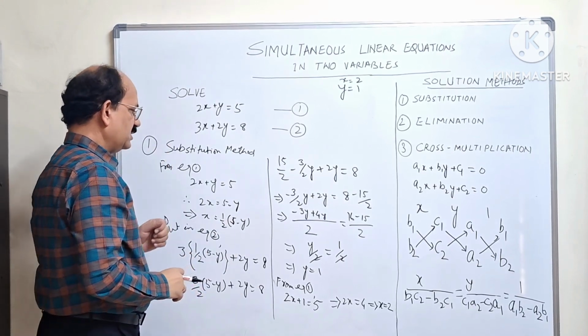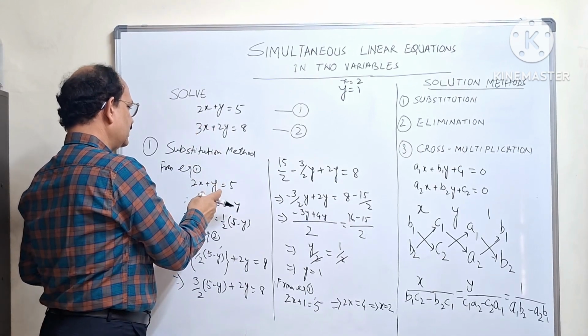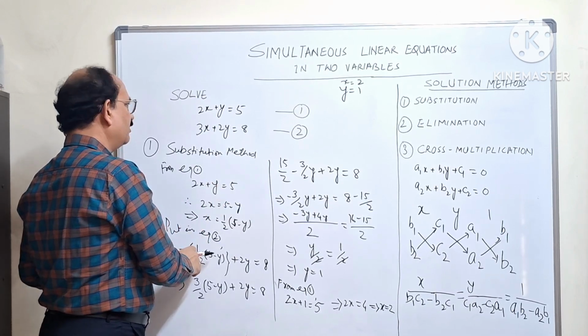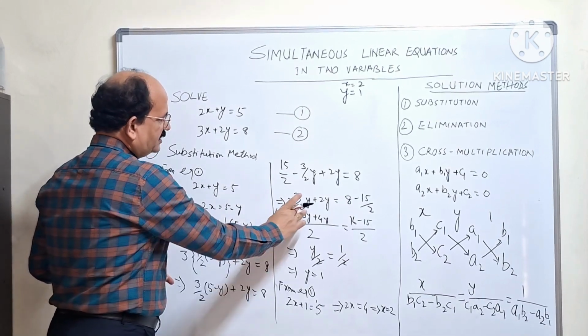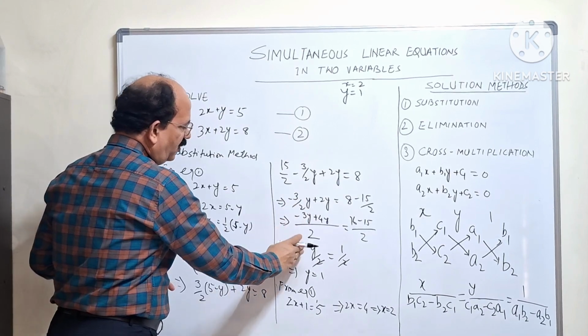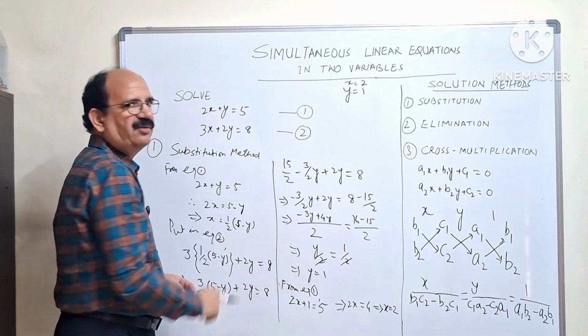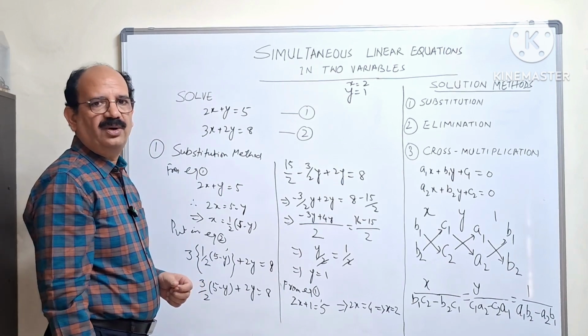You notice this, that when you are substituting x, you are getting x in terms of y and then substituting in equation 2. Ultimately, you are getting this equation in terms of only y. Okay, so there is one variable and one equation, and therefore you are able to solve and you are able to get y equal to 1.